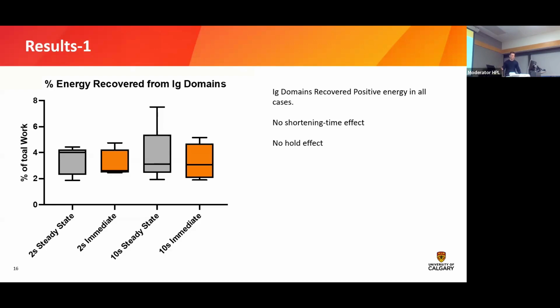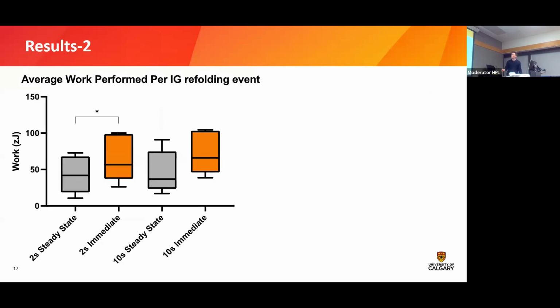So what we wanted to look at next was, okay, we get a little bit back. Is it in line with the single molecule Titin experiments? This is the average work performed per IG refolding event, so for every length shortening that corresponds to the length of an immunoglobulin domain when it unfolds and refolds.